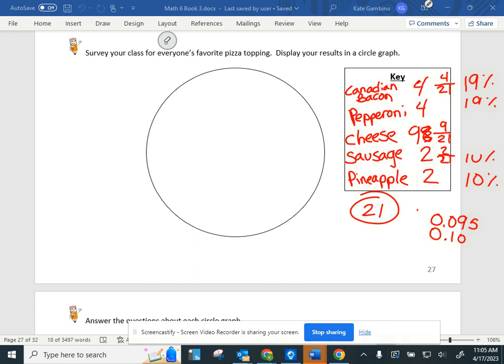We're going to change that back to our 42% because we want it out of 100%. And because we had to do some rounding, because it wasn't even numbers, when we do it on the test, it's going to easily make it to that 100%, but we want to be able to add up all of our percentages to equal 100%. So 19 plus 19 plus 42 plus 10 plus 10 gives us that 100%.